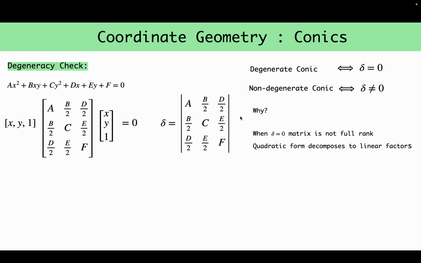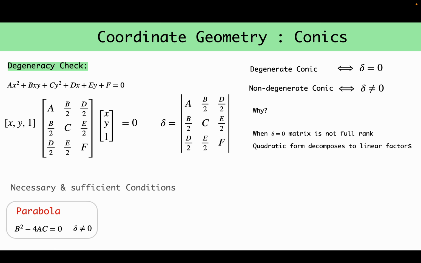The intuition is that the determinant of this matrix delta being equal to 0 means that it is not a full rank matrix, and when it is not full rank, this whole expression can be decomposed into two linear factors, and therefore it no more becomes a conic but condenses to a line. So these are the sufficient conditions. So apart from b square minus 4ac equal to 0, delta should be not equal to 0, only then we get the parabola.